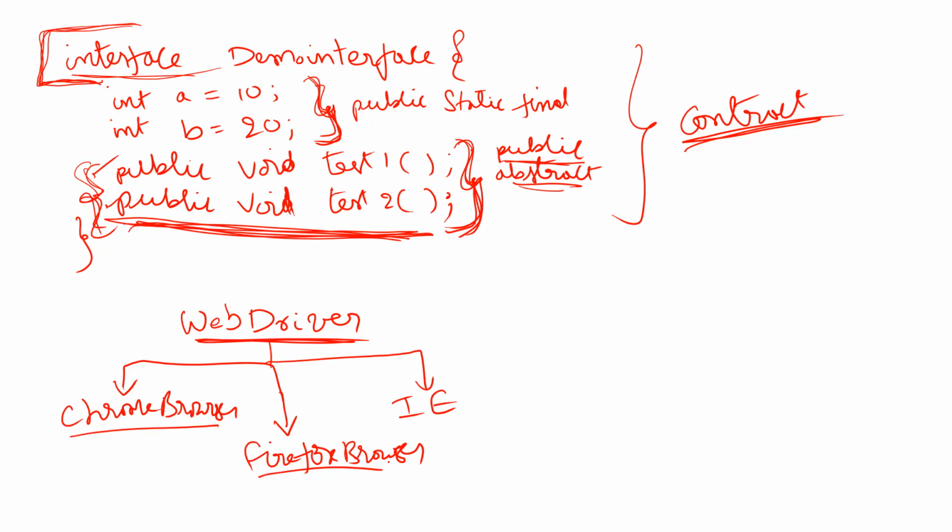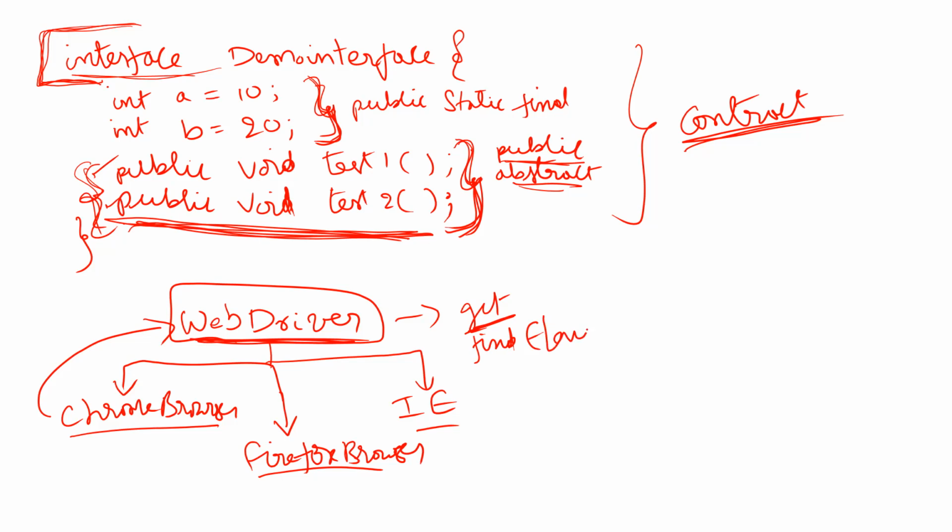So these are all the classes that implemented this WebDriver, and this WebDriver contains methods like get method, which we use to open a browser, and we also have many other methods like driver.findElement. So these are some of the methods. So this WebDriver defines all these methods.